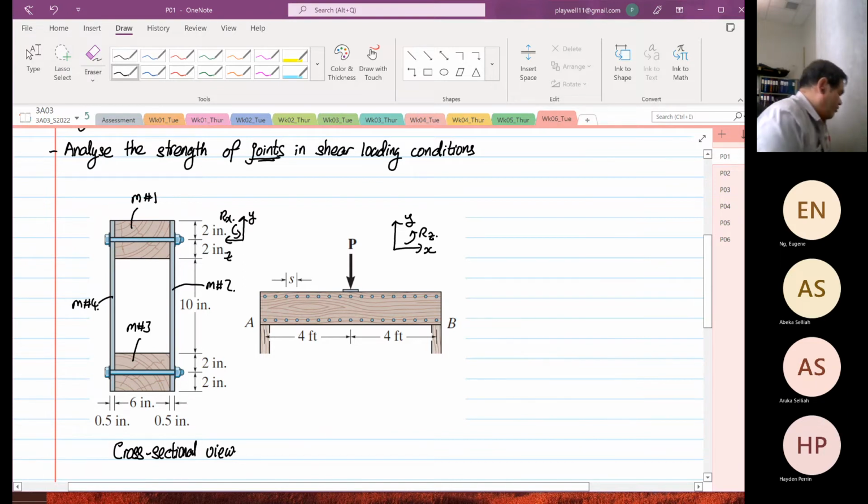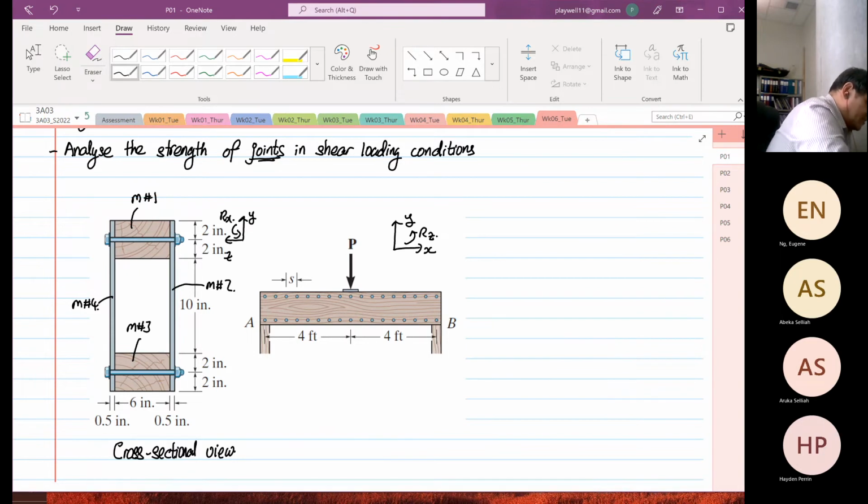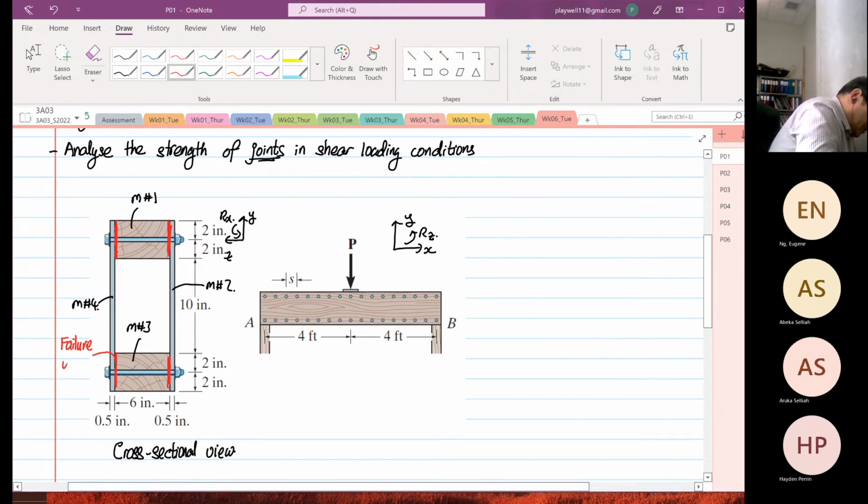It's made of 4 parts, and failure will occur at the joints.